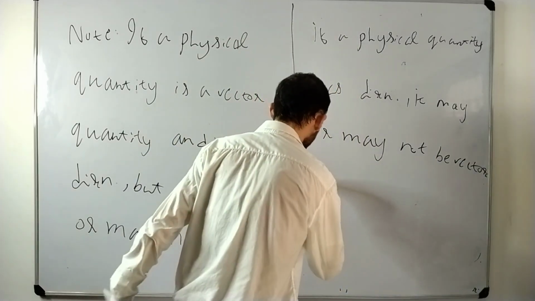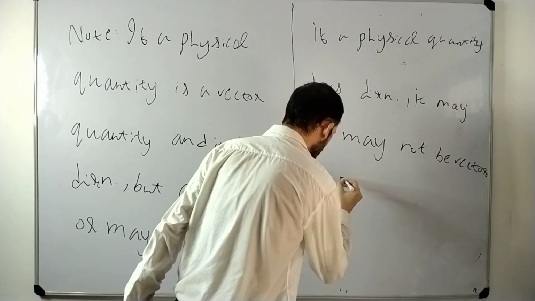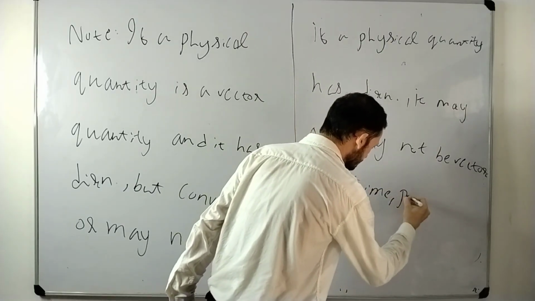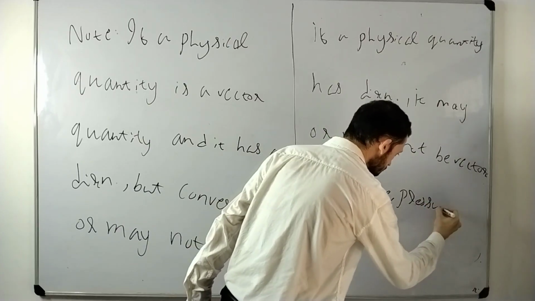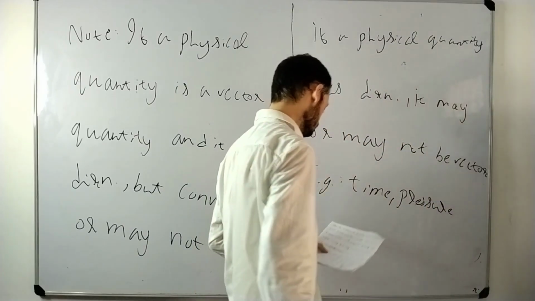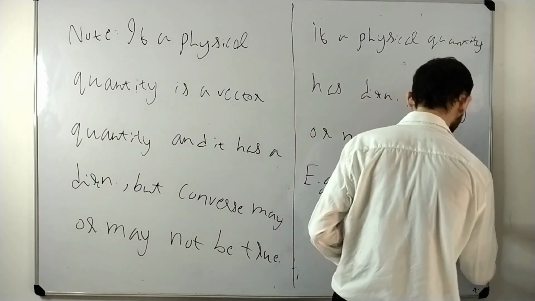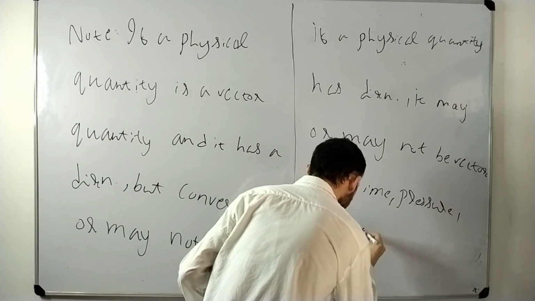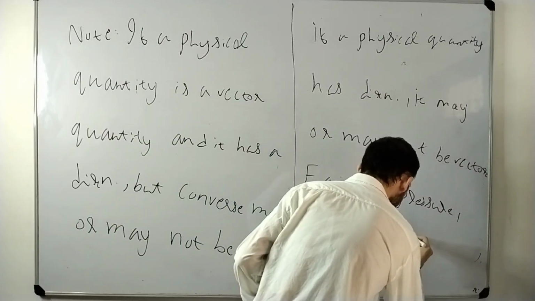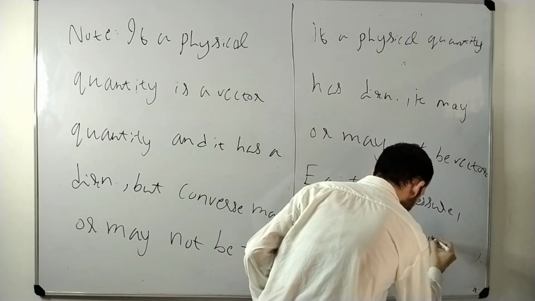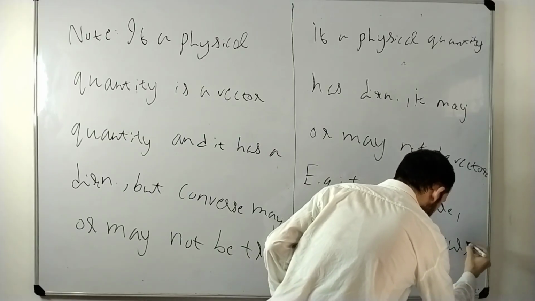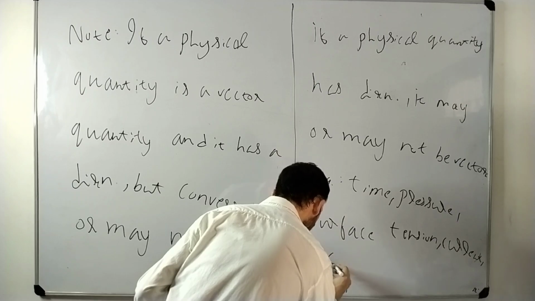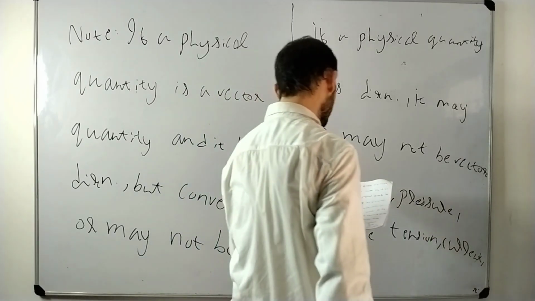Now let's see multiple examples: time, pressure, surface tension, current, etc. There can be more quantities in nature. We cannot add each and every one.